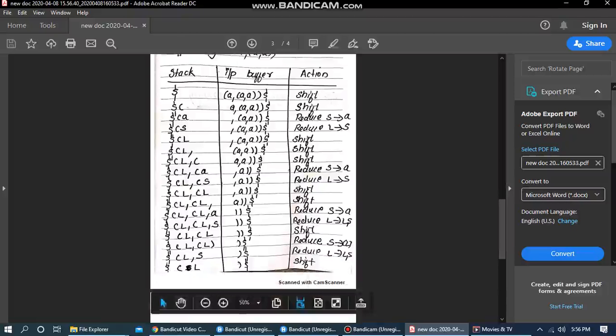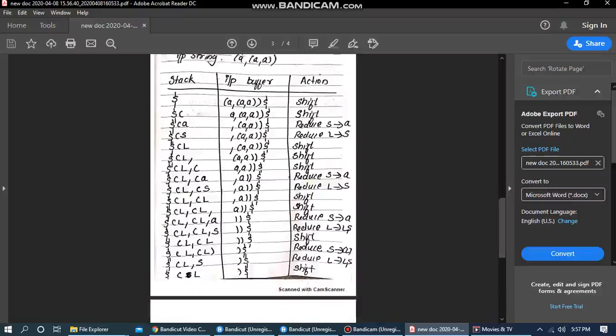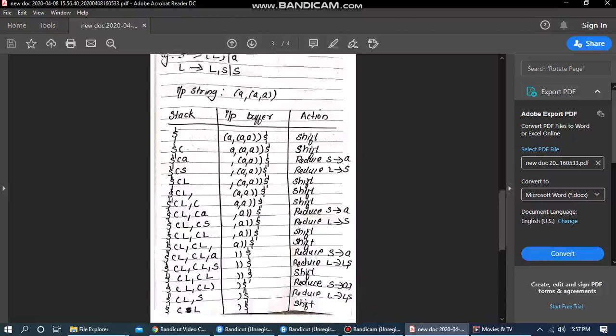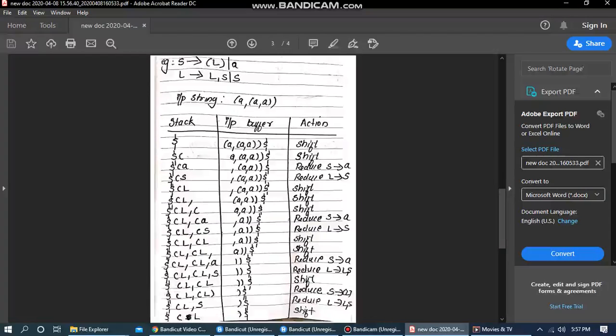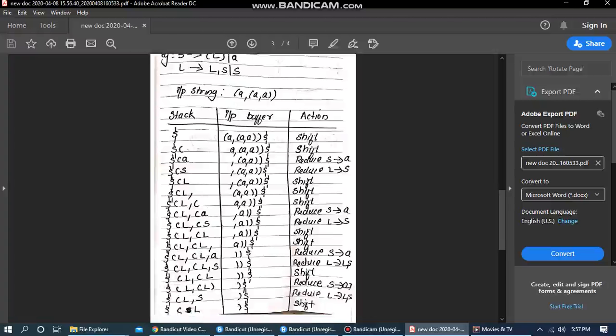We get in the stack dollar open bracket, and in the place of L comma S, you can simply write L. Then open bracket L, there is no open bracket L on the right hand side of the grammar. So which action is to be performed?